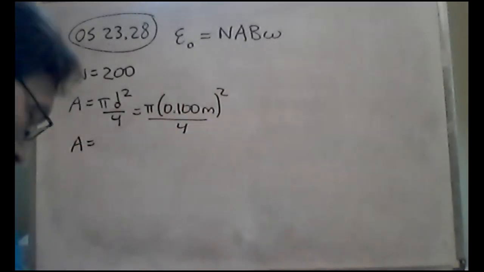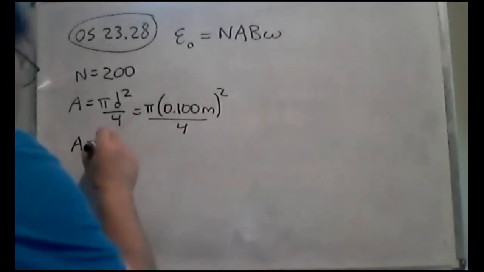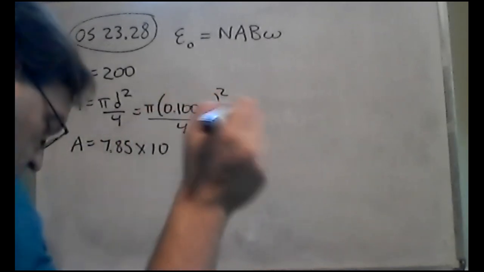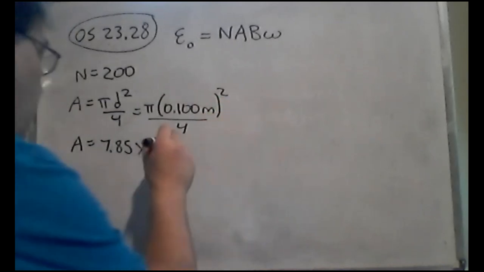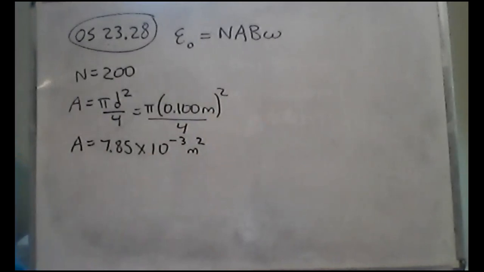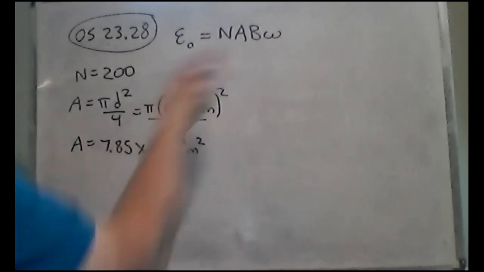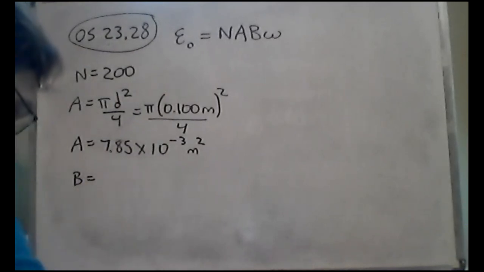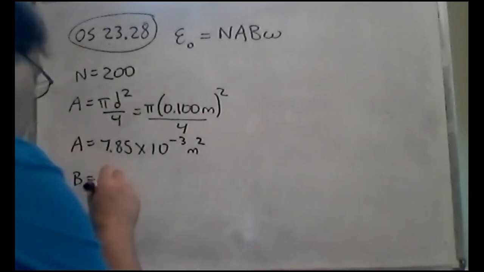A is going to be 7.85 times 10 to the negative 3 meters squared. All right, great. That's my area. How about magnetic field? Yeah, I was given that as well. That's going to be 0.800 Tesla.